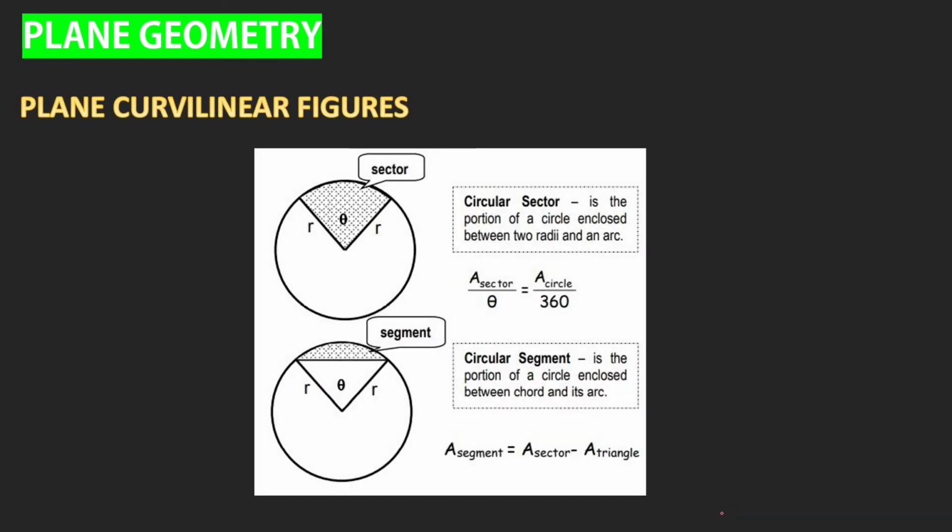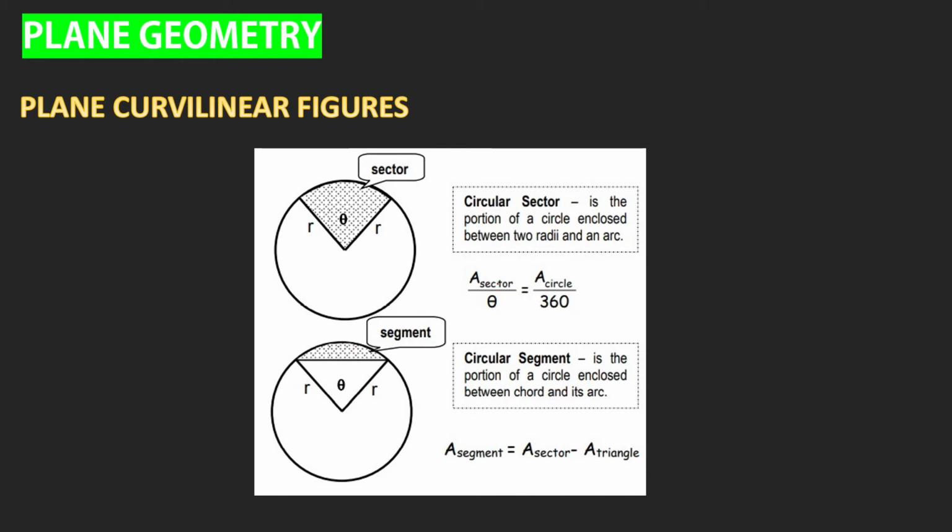Ito yung plane curvilinear figures or circular sector. A circular sector is a portion of a circle enclosed between two radii and an arc. Yung pinakaiba: pag sector, 2 radii and arc. Kapag segment naman, it's a portion of circle enclosed between a chord and its arc.